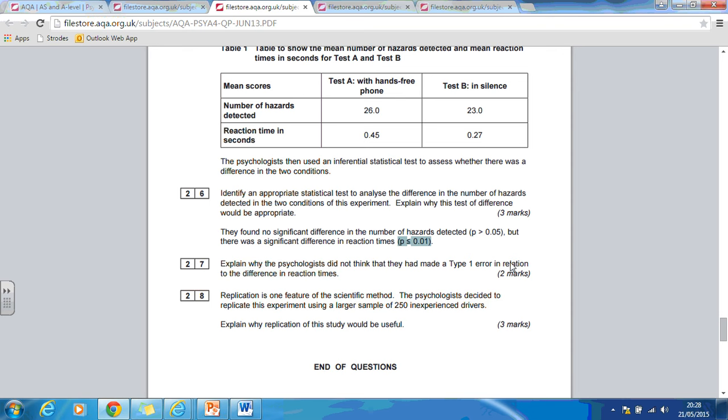So therefore, they don't think they have made that type 1 error, because type 1 and type 2 errors can also happen because of chance factors. Say if we're allowing 10% for chance, and we're saying that there is a difference, maybe there's really not, because our range of chance is so big that we've allowed. So at 0.01 there's not really much chance factors, so they haven't made that type 1 or type 2 error.